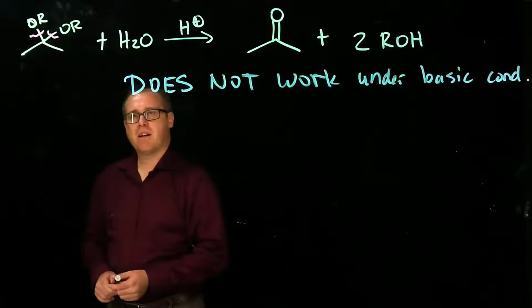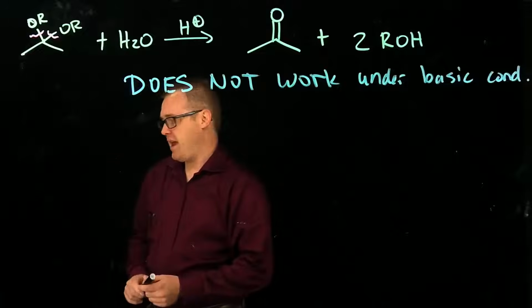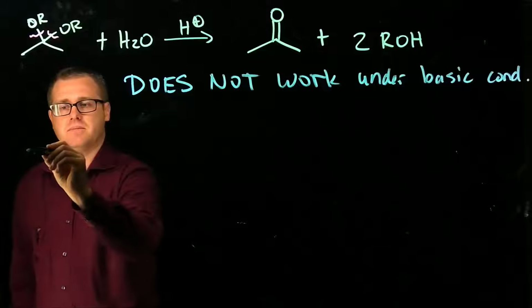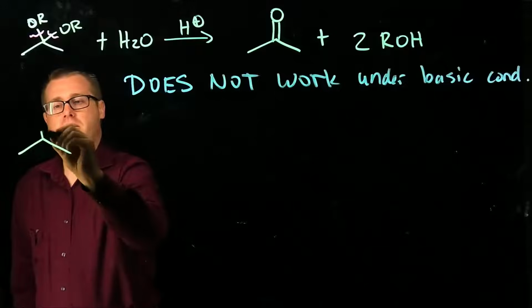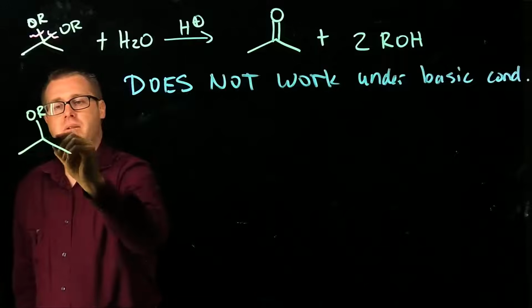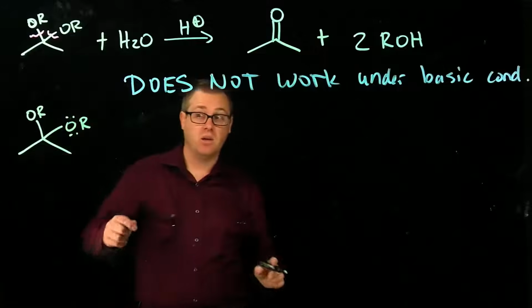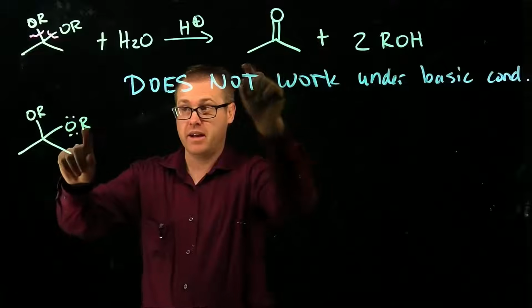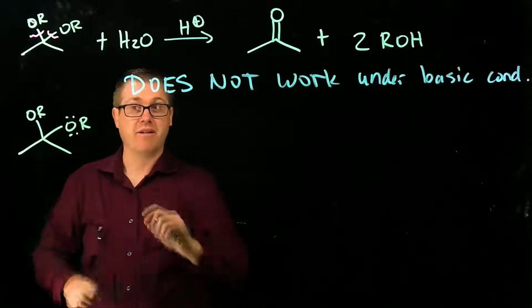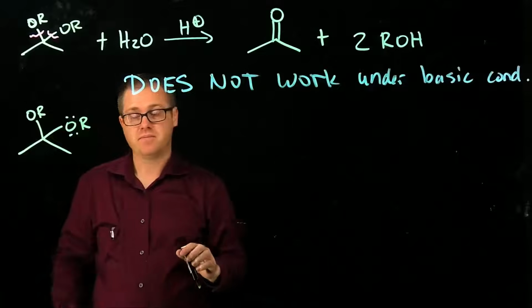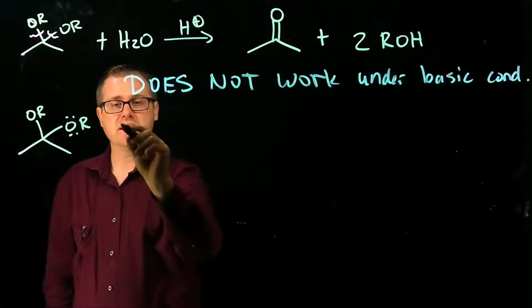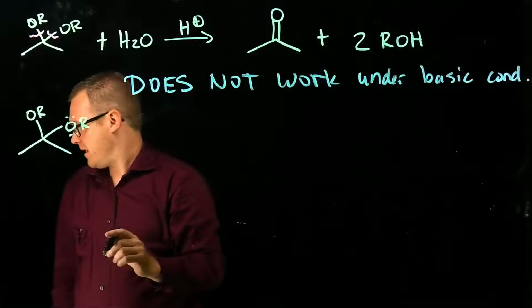So let's take a look at our acetal and see what happens here. We may run out of board space, but we will see. So what's our end goal? We want to get rid of these two OR groups. So we're under acidic conditions, right?